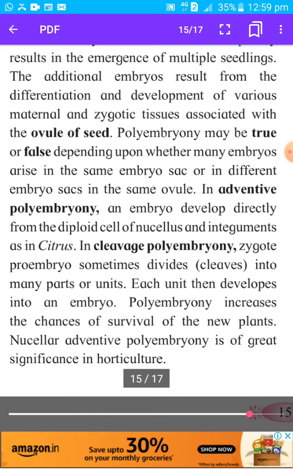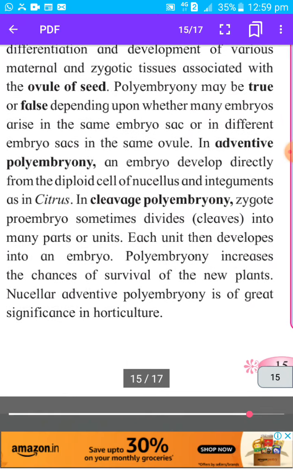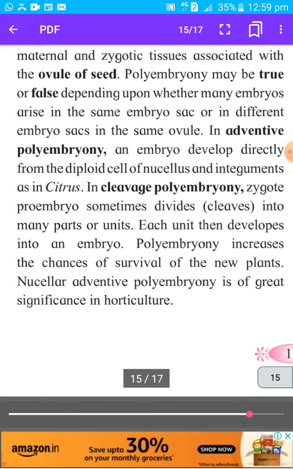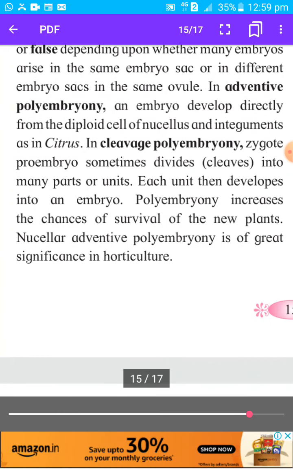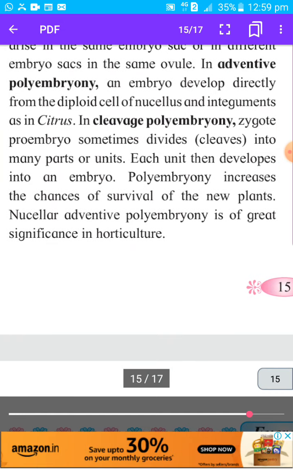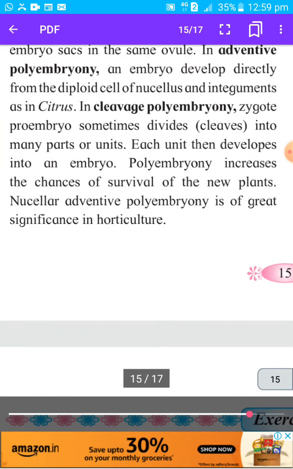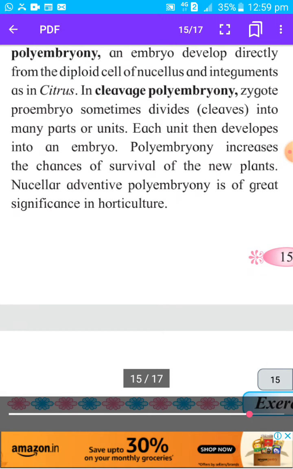Polyembryony may be true or false depending upon whether many embryos arise in the same embryo sac or in different embryo sacs in the same ovule. In adventive polyembryony, an embryo develops directly from the diploid cells of the nucellus and integuments, as in citrus. In cleavage polyembryony, the zygote proembryo sometimes divides into many parts or units.